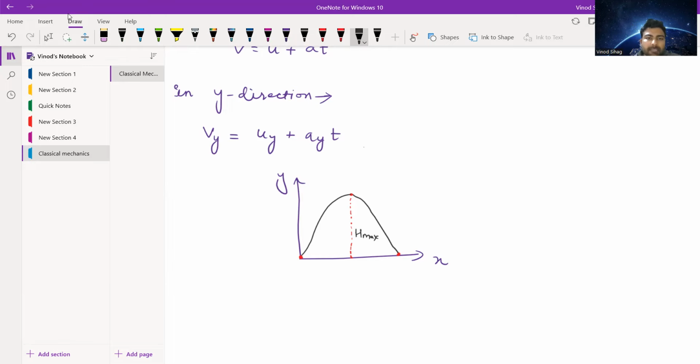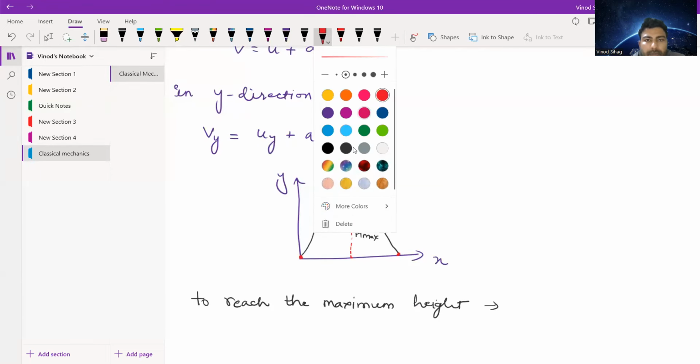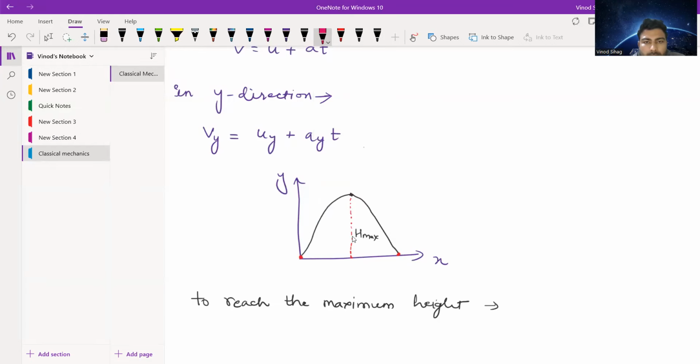Okay, so to reach the maximum height, if it achieves the maximum height, at this point there will only be velocity in the x direction.